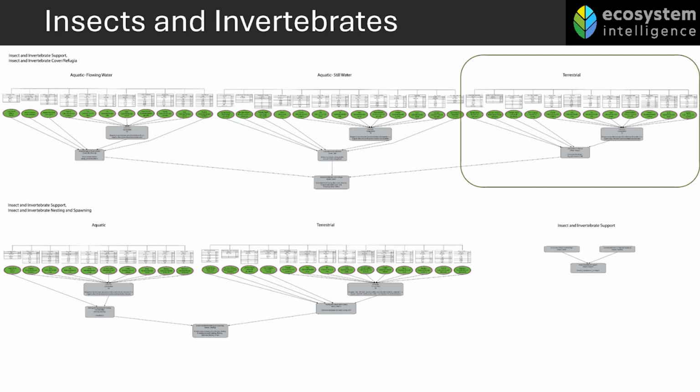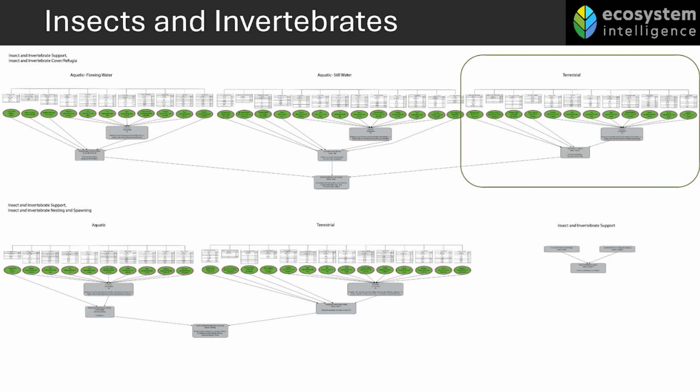So in places where we don't have large data sets of very specific on-the-ground attribute level data, we can use literature that we've gone through, and we can use subject matter expert input to derive relationships between these different attributes and build out these different models.